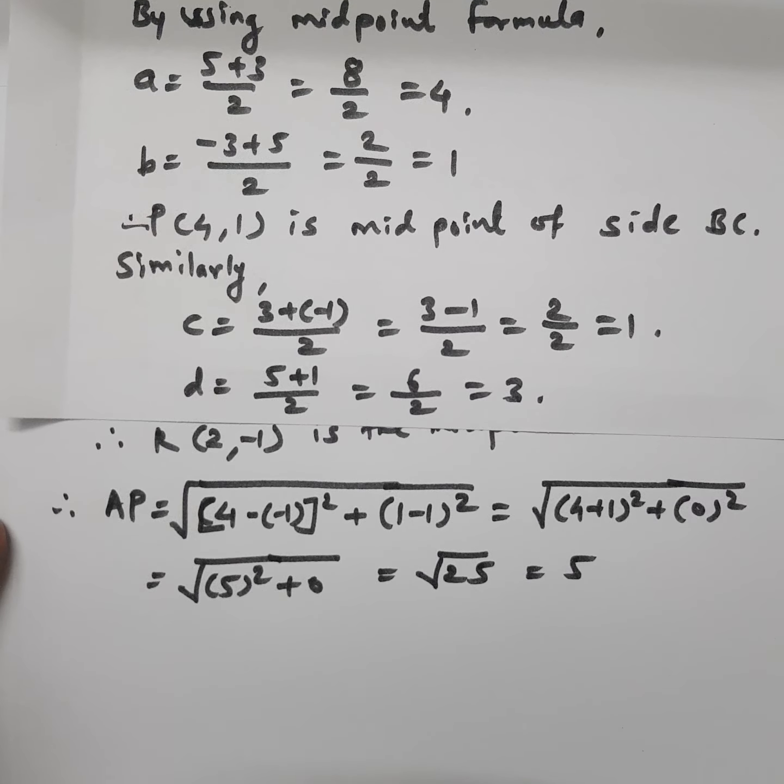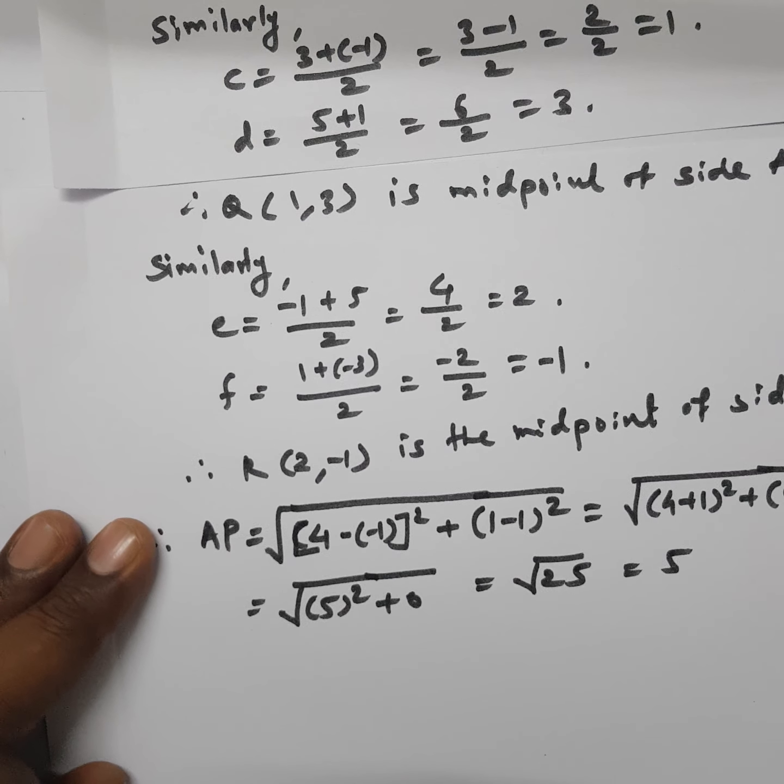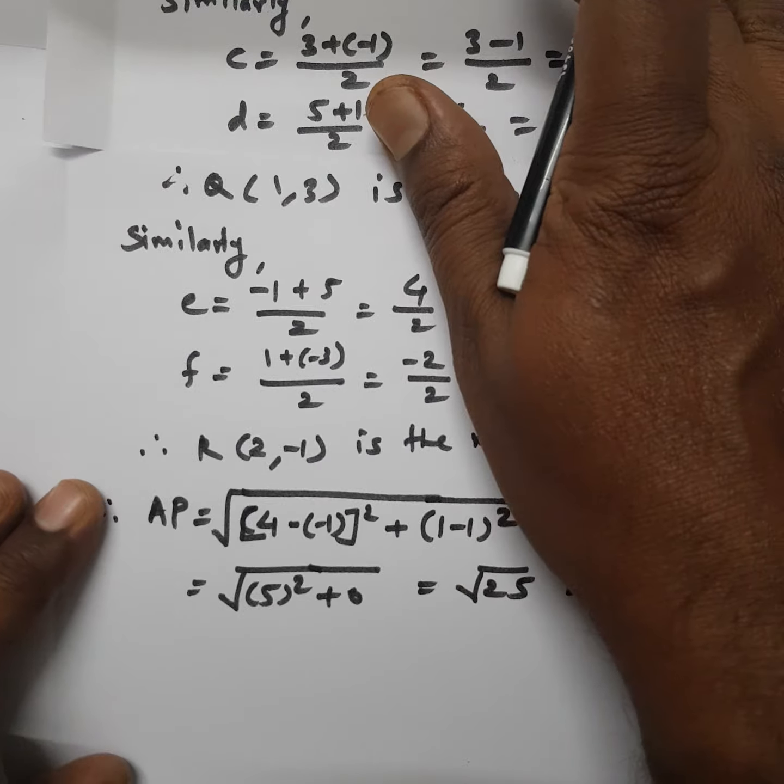Now, the second median. Here, see, we have found AP. The second median is BQ. Coordinates of point Q are (1, 3) and coordinates of point B are (5, -1).